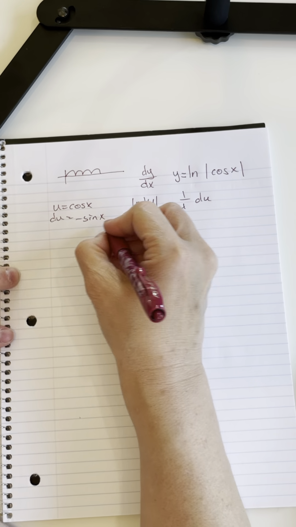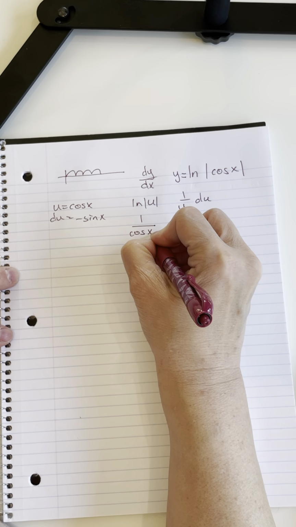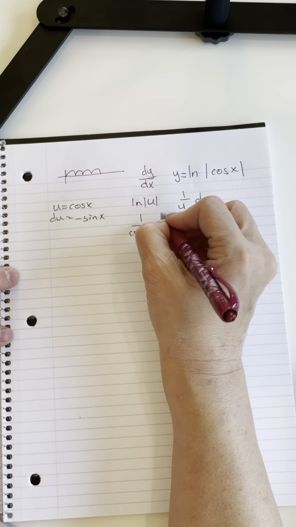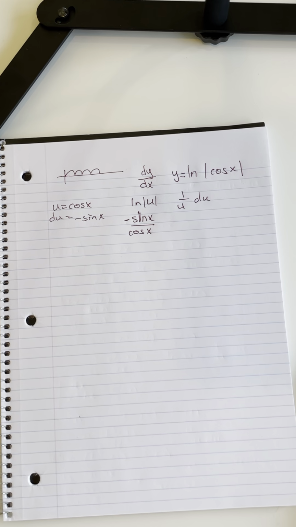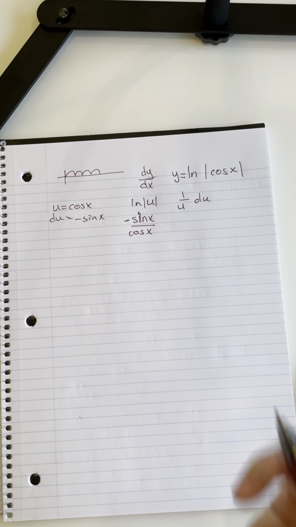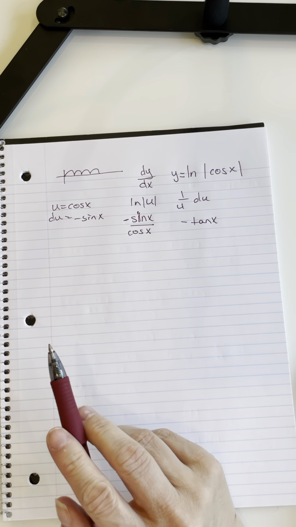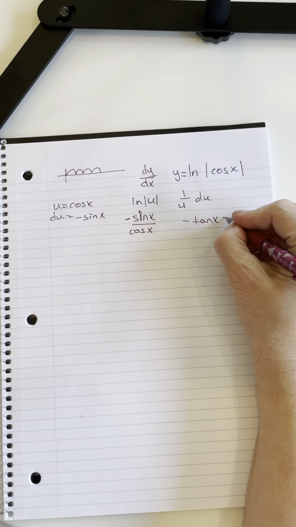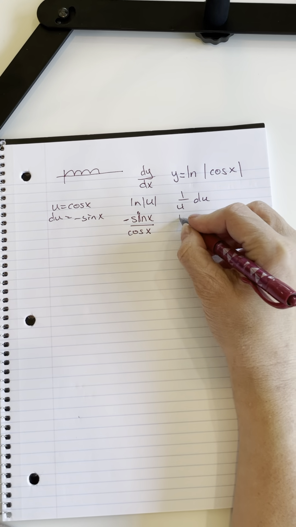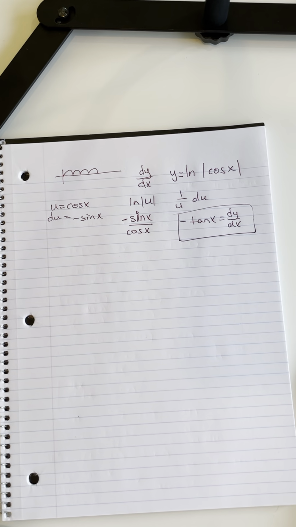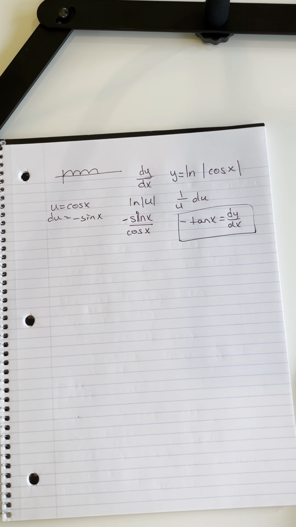So that's going to give us 1 over cosine of x multiplying with negative sine of x. So that's going to multiply up here. And negative, did they change that to tangent? I bet they did. Negative tangent of x, because sine over cosine is tangent, and that is your dy over dx. And that was the last example they did on those, although they will come back to doing a lot more of them.